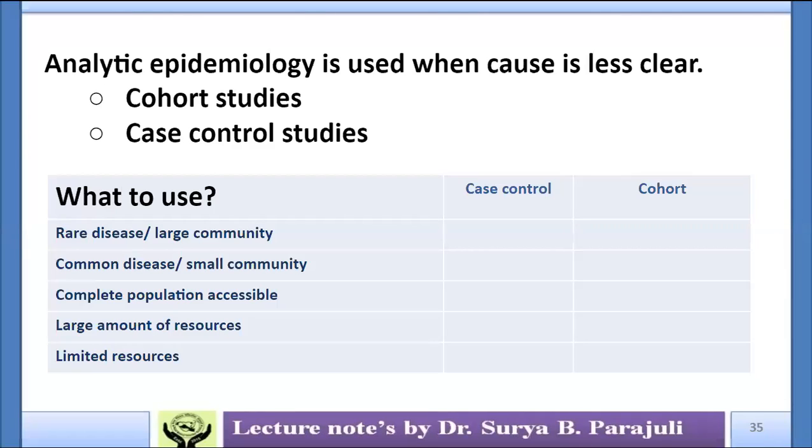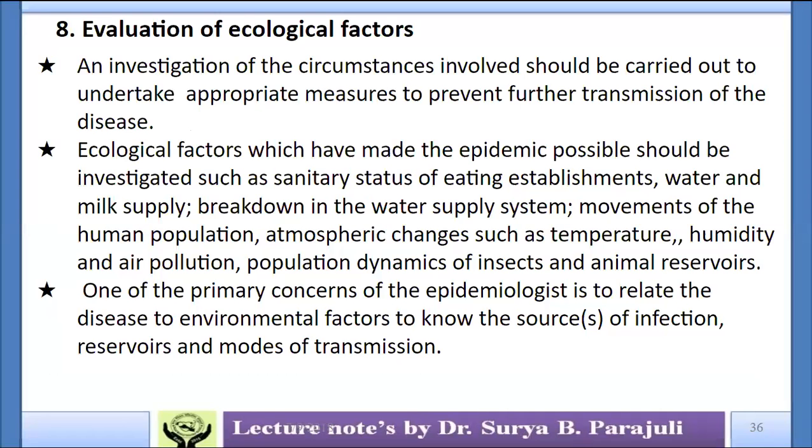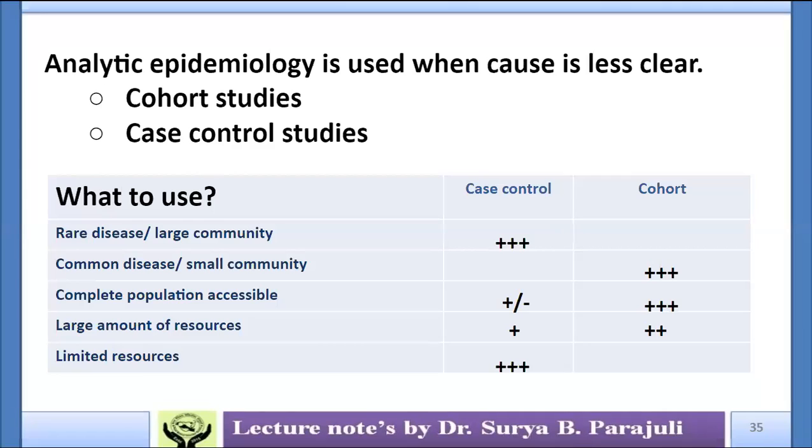So what to use as an expert for your outbreak analysis? You can see, if a rare disease in a large community, we can use case control study, because we are trying to identify the factors responsible for a particular outbreak of disease.